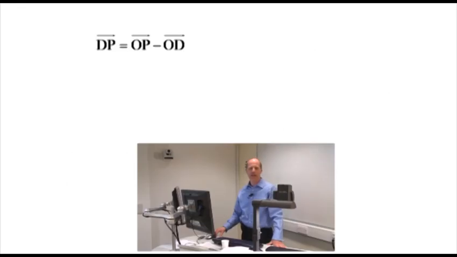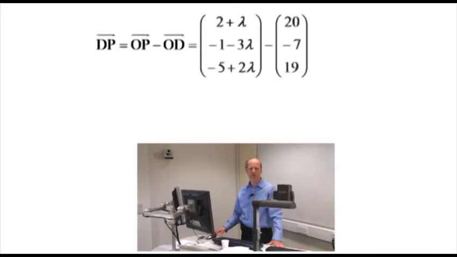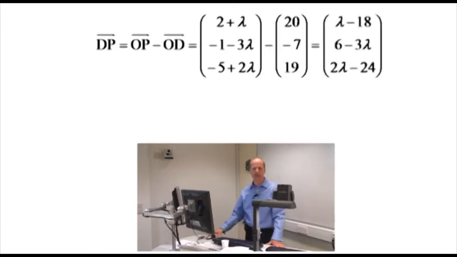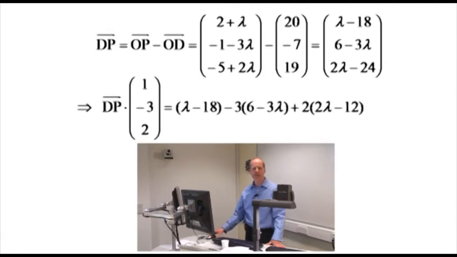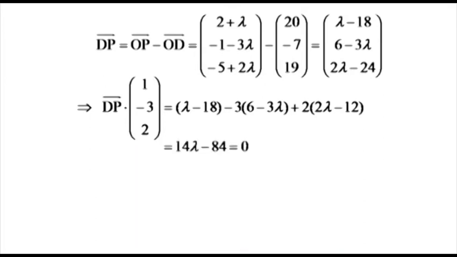Now, the vector DP is equal to OP minus OD, which is the vector r, the general position on our line, minus (20, -7, 19). Now, taking the dot product of this with (1, -3, 2) gives lambda minus 18 minus 3 times (6 minus 3 lambda) plus 2 times (2 lambda minus 12), which simplifies to 14 times lambda minus 84 equals 0.